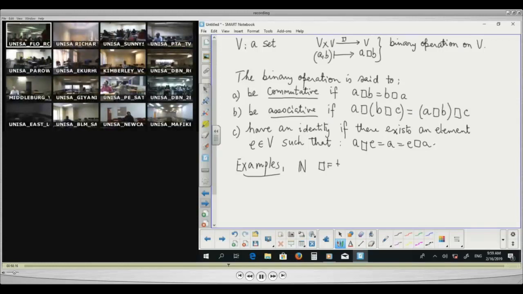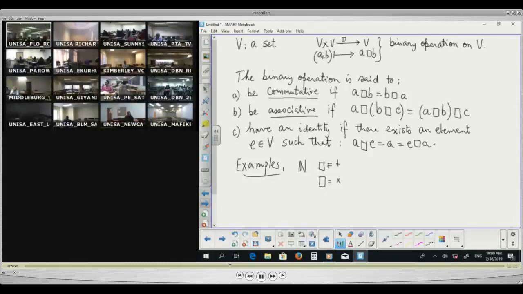Right? If we take the operation to be the usual multiplication of natural numbers, do all this hold good? It's commutative. It's associative. What is the identity? 1.